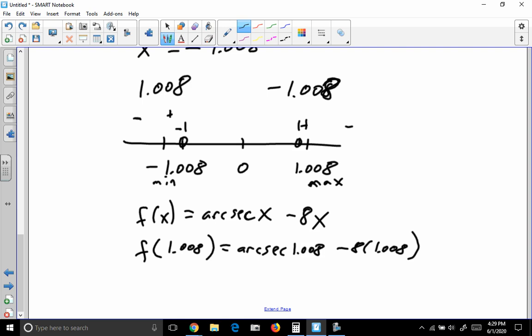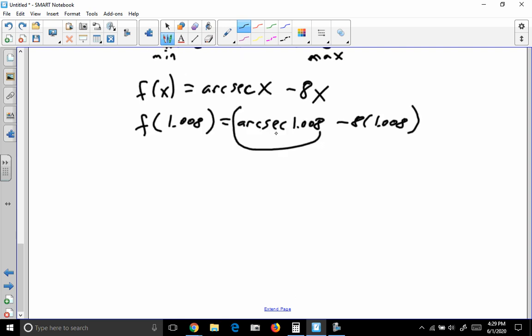Well, the biggest question is, how do we do that? We don't have an inverse secant button on our calculator, but what we do have is an inverse cosine. Remember the relationship between secant and cosine. This is the ratio here for secant. And the ratio for cosine is the reciprocal of the ratio for secant. So if we know this ratio, 1 over that is the ratio for cosine.